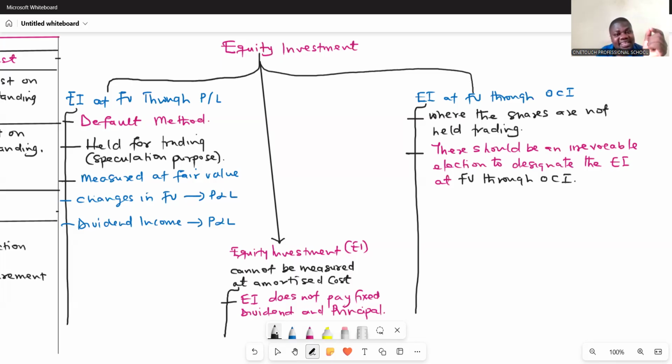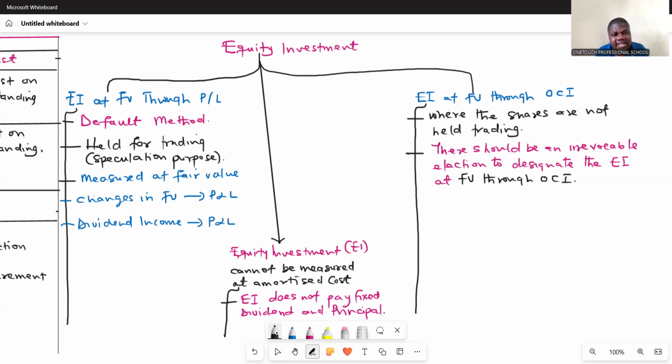Sometimes the question will state that the entity recognizes a financial asset at fair value through P&L if it is required to do so. Required means compulsory.